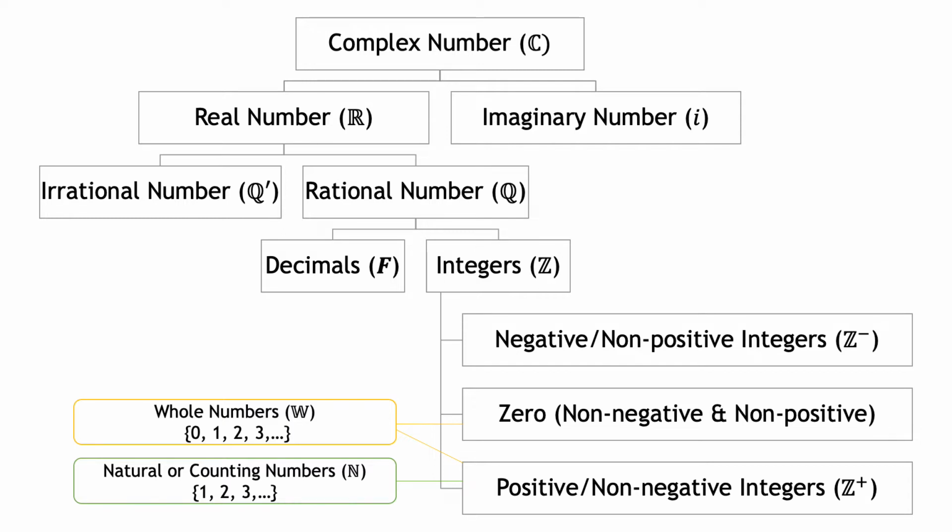An example of a rational number whose decimal is non-terminating but repeating is 1/3. The value of 1/3 is 0.33333 and so on. Usually we put a bar at the top to show repetition of that decimal number.